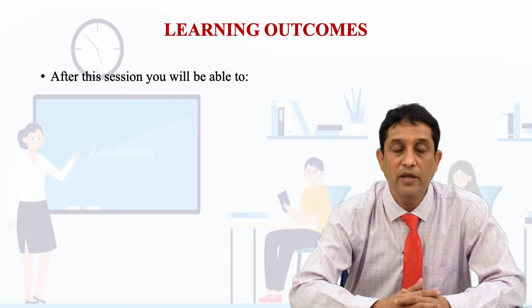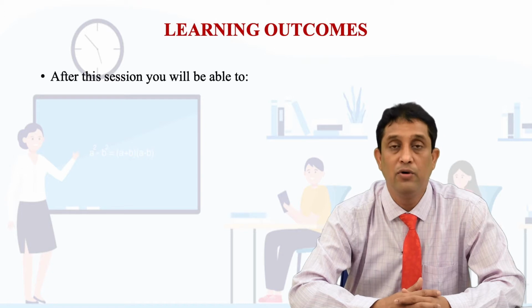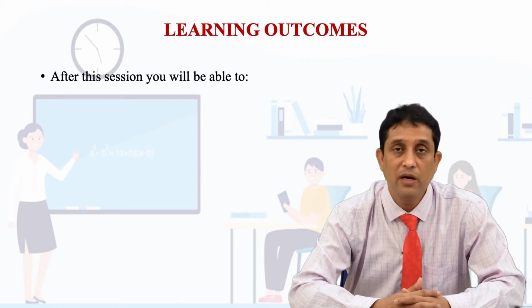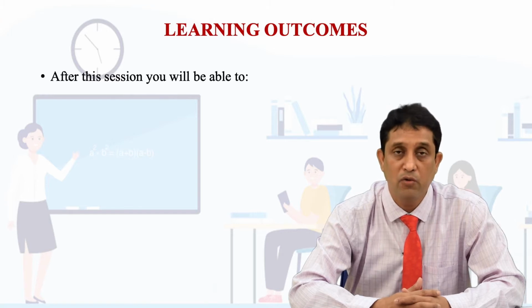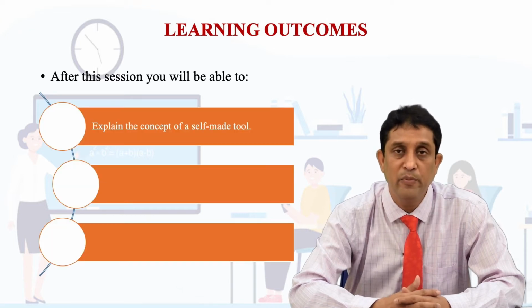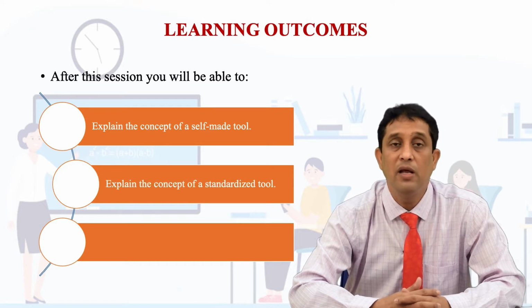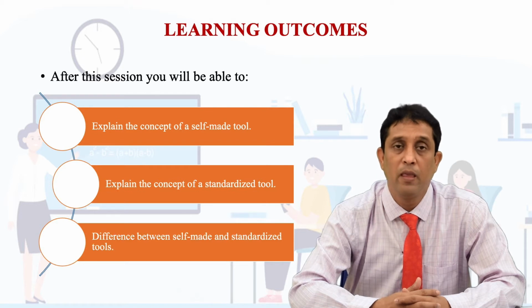Friends, let us go forward to know about the learning outcomes. That means after going through this video lesson, what are the different learning outcomes you are supposed to achieve. After going through the part E content of this video lesson as well as this current video lesson, you will be able to explain the concept of a self-made tool, explain the concept of a standardized tool, and differentiate between self-made and standardized tools.